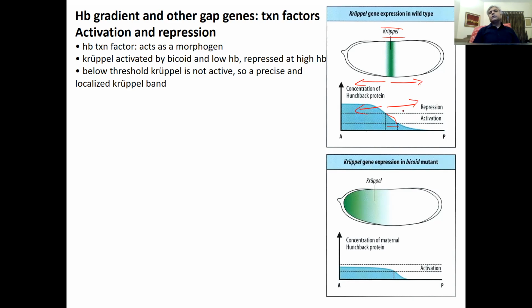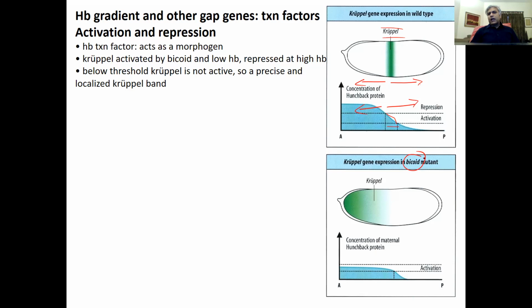For example, the proof is if we reduce the concentration of bicoid, in the bicoid mutant, very little bicoid is present. Now, when there is little bicoid present, it means hunchback will also be reduced, because zygotic hunchback is active due to bicoid.